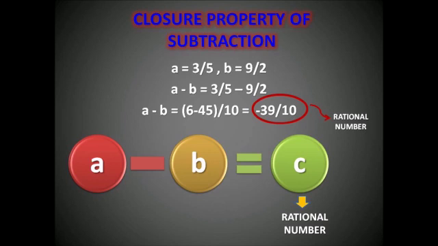This minus 39/10 is a rational number. Even if you consider 0 as one of the two rational numbers, the result will still be a rational number. Hence, we can say that rational numbers are closed under subtraction.